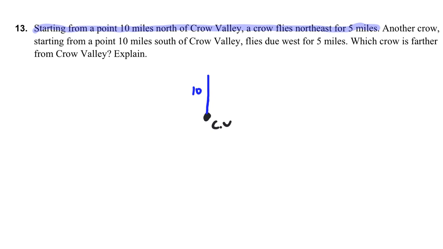So remember, compass: north, east, south, west. Northeast is going to be sort of like up and to the right. So instead of straight up, I'm going to go this way, and it's going to end here, and this is 5 miles. So that is crow number 1.